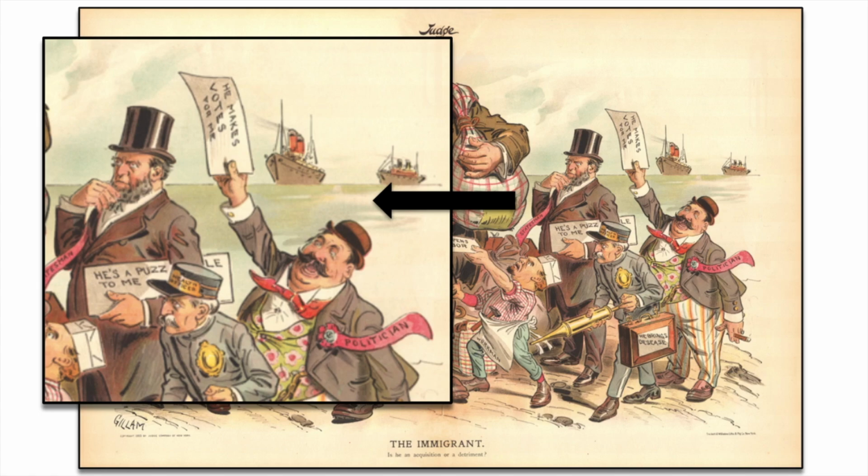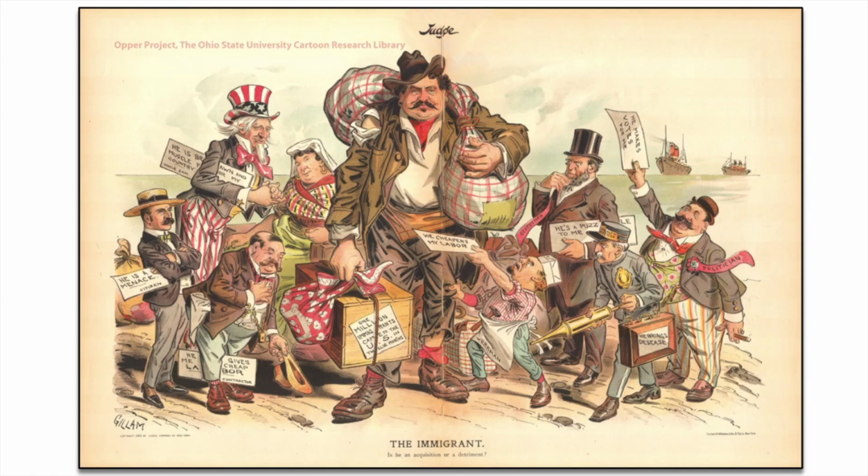To the statesman, to the left of the politician, his sign says, "He's a puzzle to me," holding his chin in a thinking posture. So we're not quite sure maybe at the state level what the immigrant is. Compared to the local level, there's a little bit of apprehension here.